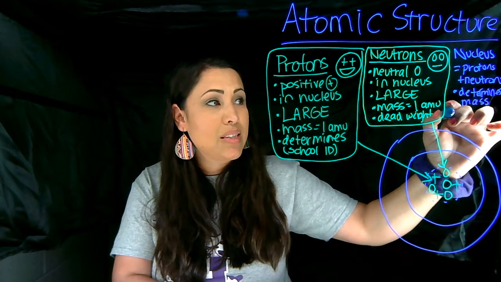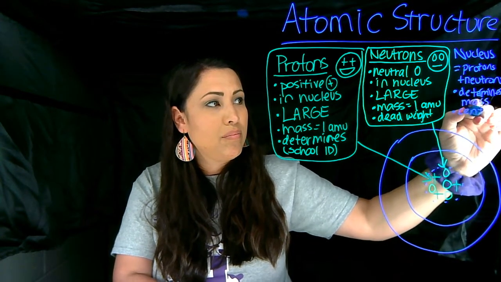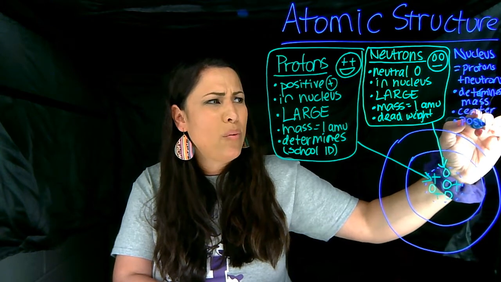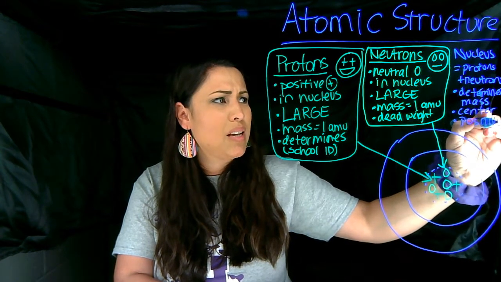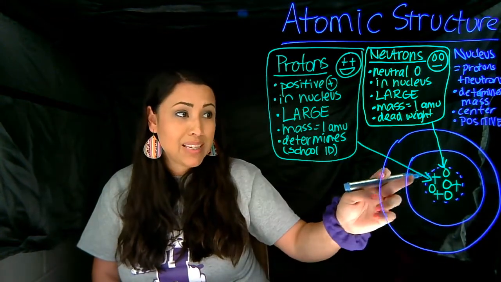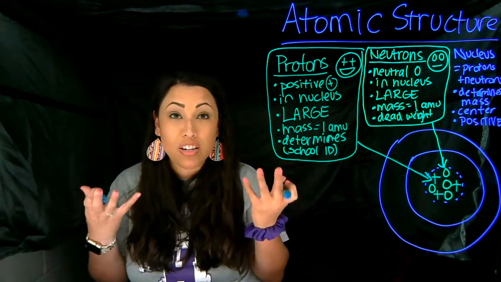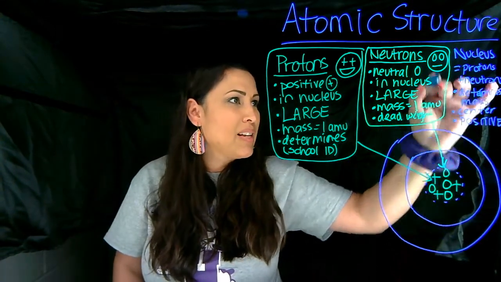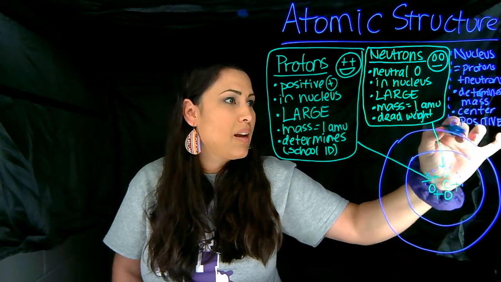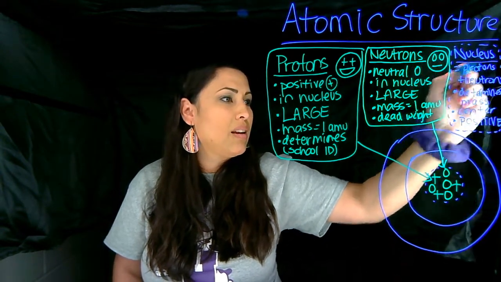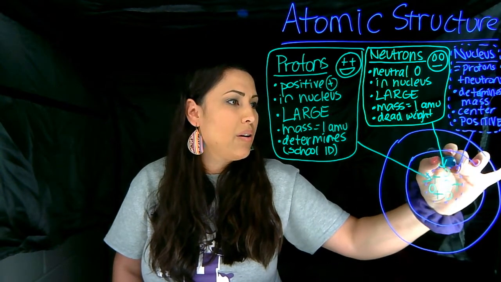It is in the center, and it is positive. Why would it be positive? Well, look what's inside. We have pluses and we have zeros. So what's the overall charge of the nucleus? Positive, exactly. So I'm going to do the same type of outline, dotted line, and do our arrow.